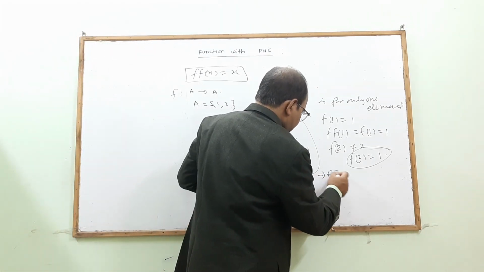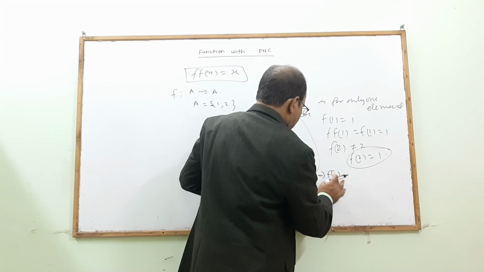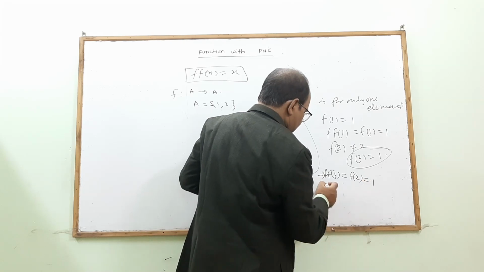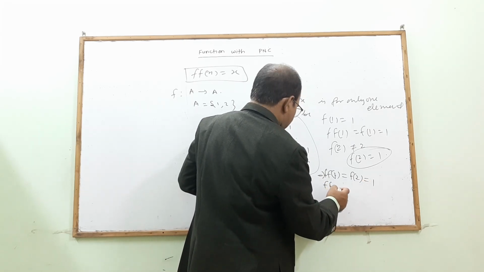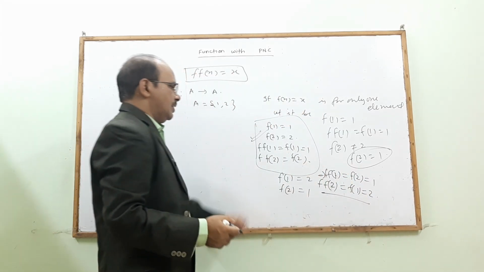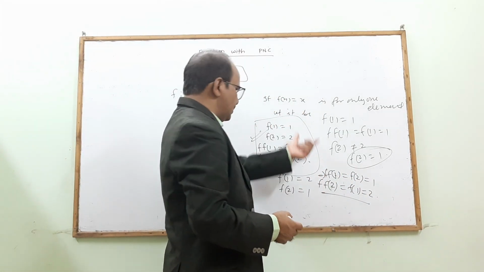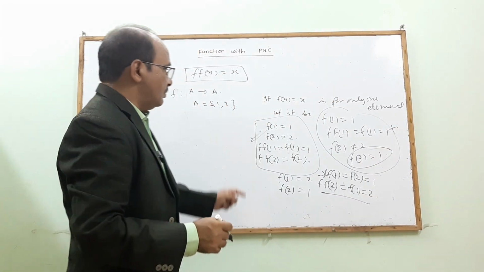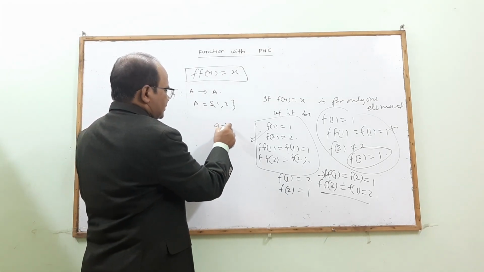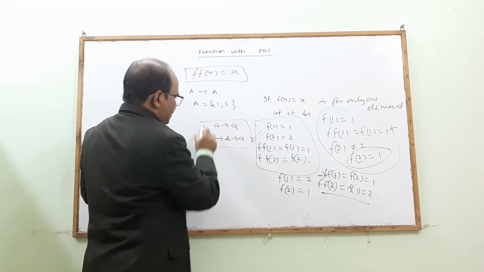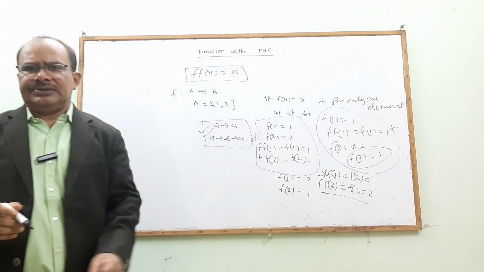Then f of f(1) is equal to f(2), which is 1, and f of f(2) is equal to f(1). This is satisfied. What we are observing is that either A is mapped to A, or A is mapped to B and B is mapped to A. We have learned this from these conditions.